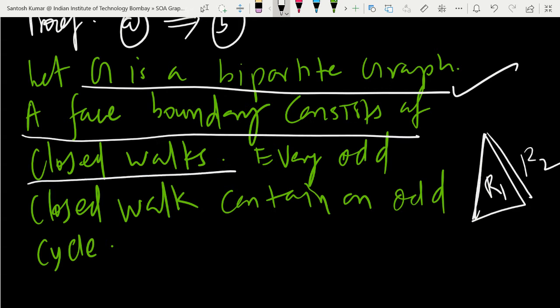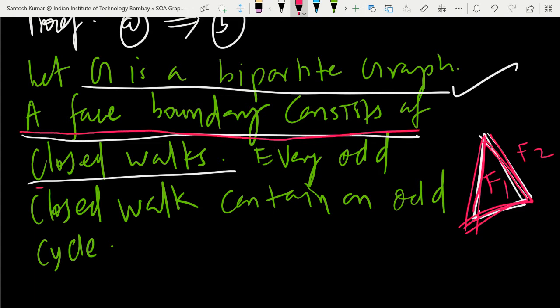Suppose the face is R1, or you can write F1, and the outside region you can call F2. For the face boundary, you are finding the length of the face. How do you find the length of a face? You count the length of the closed walk bounding it, right? So the face boundary will always be a closed walk. That's what is written here: a face boundary consists of closed walks.